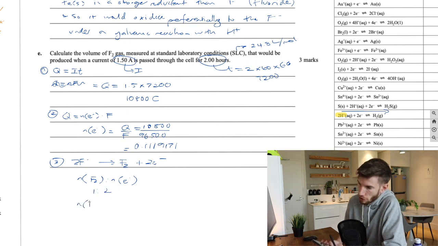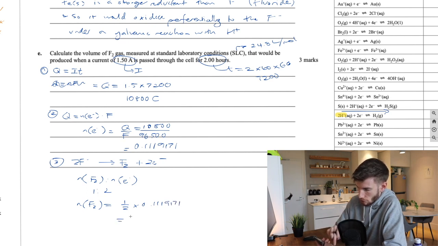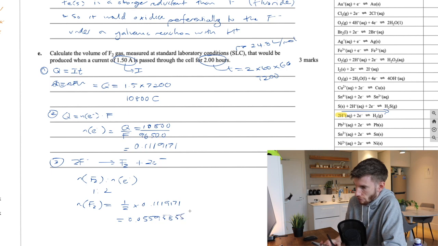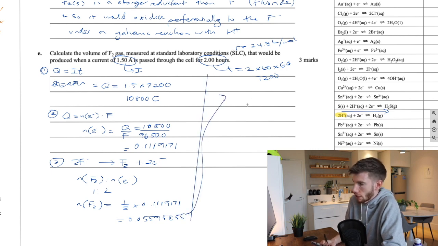So therefore the number of moles of fluorine gas is going to be 1/2 of the moles of electrons that we're transferring. So if we do that as well, we get 0.055955855. Lots of 5s in there. Like this, and then come up here.